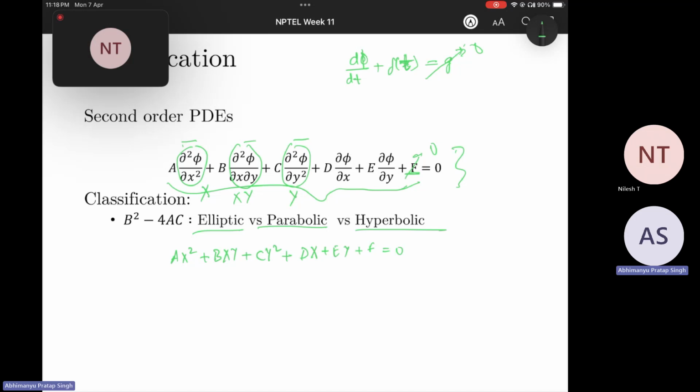Now for the time being, if we neglect these terms, we get ax square plus bxy plus cy square is equal to 0.